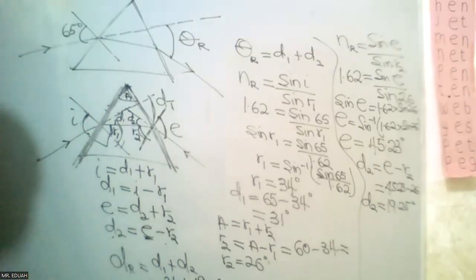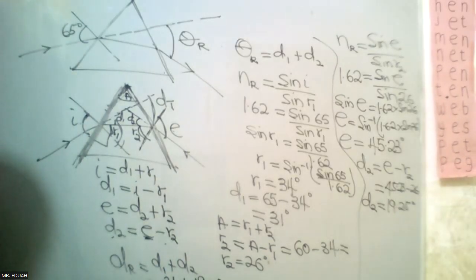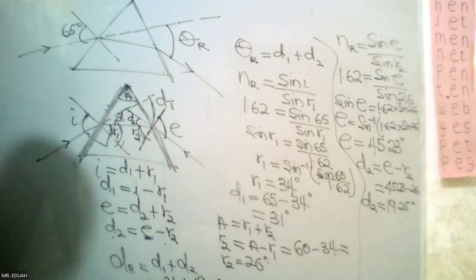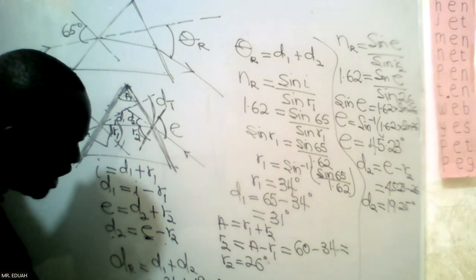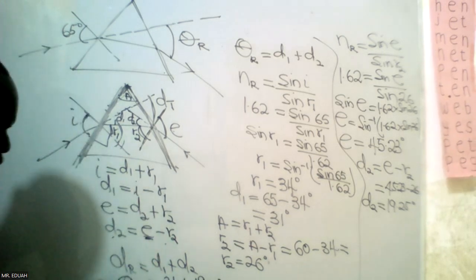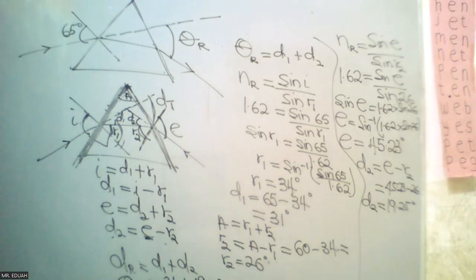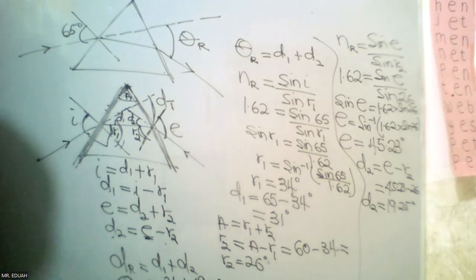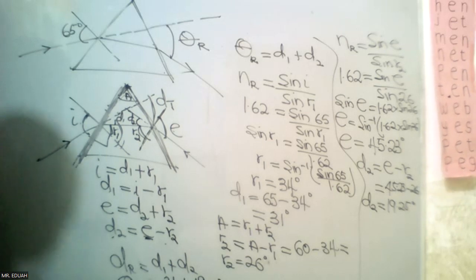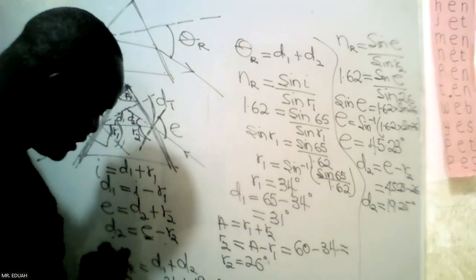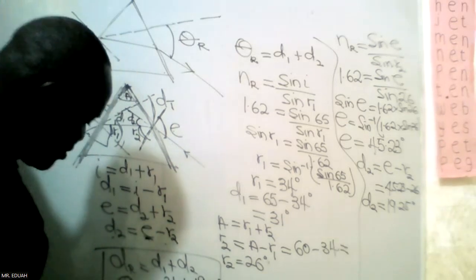So add this for me. 31 plus 19.25. I think this is 50.25 degrees to be the total deviation of the red light.